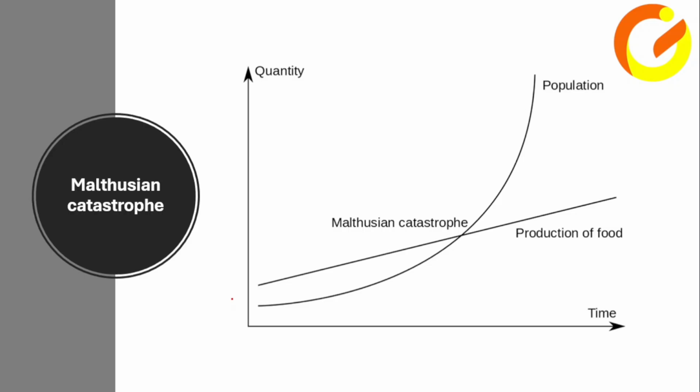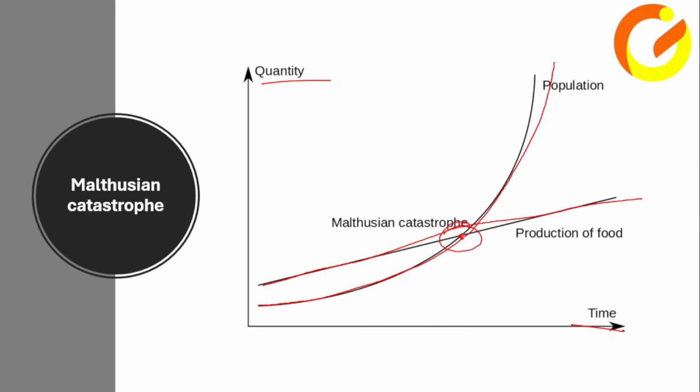Okay, so next, this is the graph presented, which you can use if necessary in the examination. That is the Malthusian catastrophe. It talks about the quantity, and it talks about the time. As I told you, see here, the Malthusian catastrophe is here, this is the point, and the population is increasing tremendously like this, and the production of food is very linear like this.